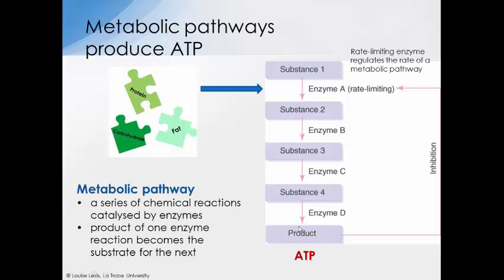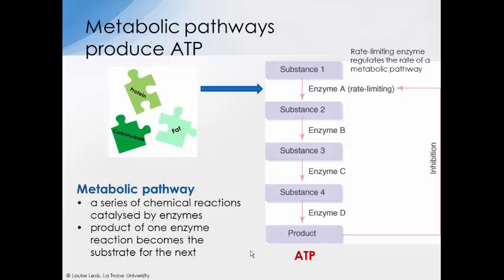Okay, so as you increase the amount of product, you will increase how much this enzyme is slowed down or inhibited. This is a control mechanism that allows the cell, if we're talking about ATP, to produce the amount of ATP that the cell needs. So it's not producing more than it needs, and it's not producing less than it needs.